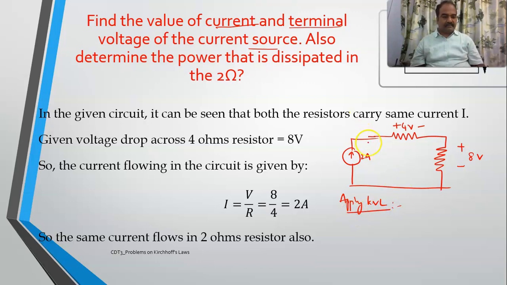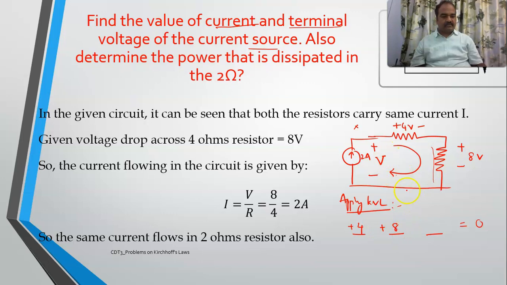If I start applying KVL here, I don't know what is the voltage here. Let it be V. I'll start from top left in this mesh. How many elements are there? 3 elements are there. 1, 2, and 3. The sum of voltage drops is 0, right? So if I start from here, I'm moving from plus to minus, so it is plus 4. Again, I am moving from plus to minus, it is plus 8.